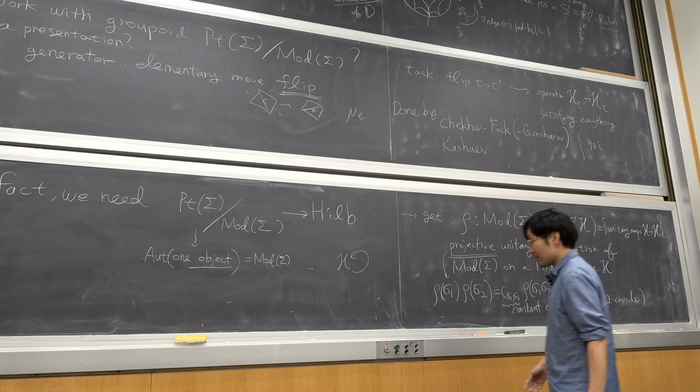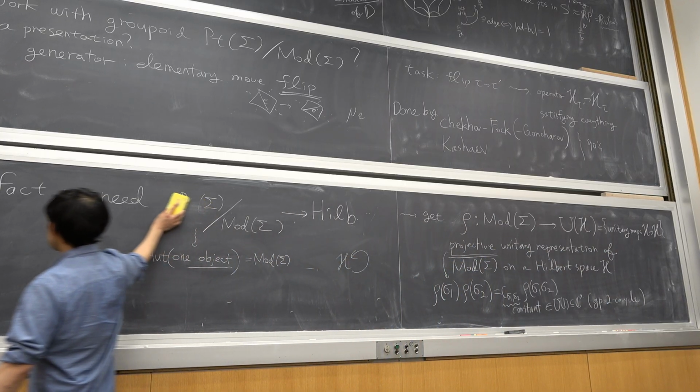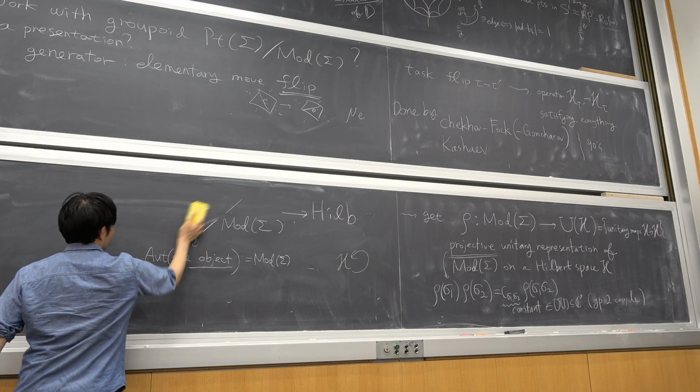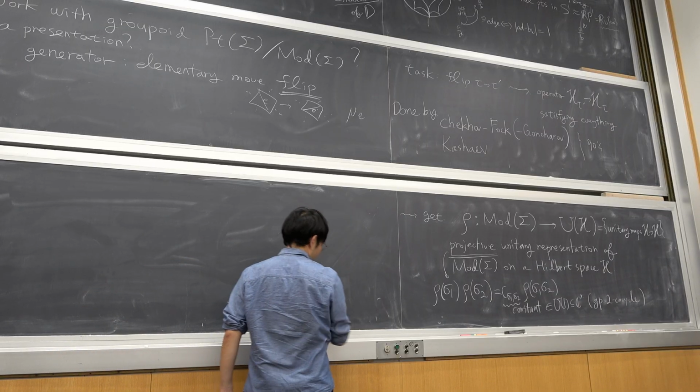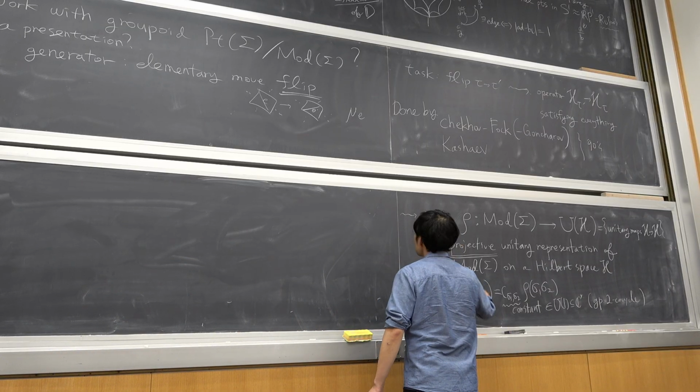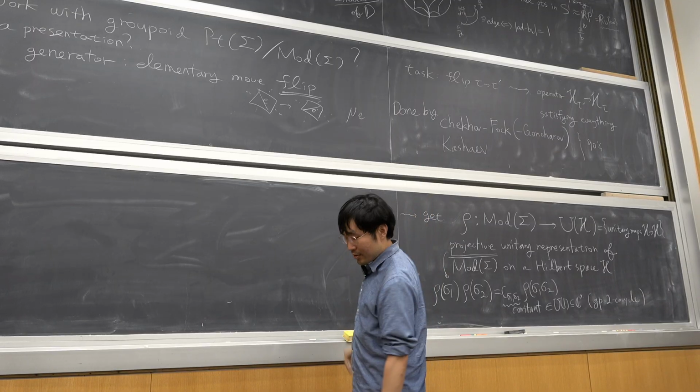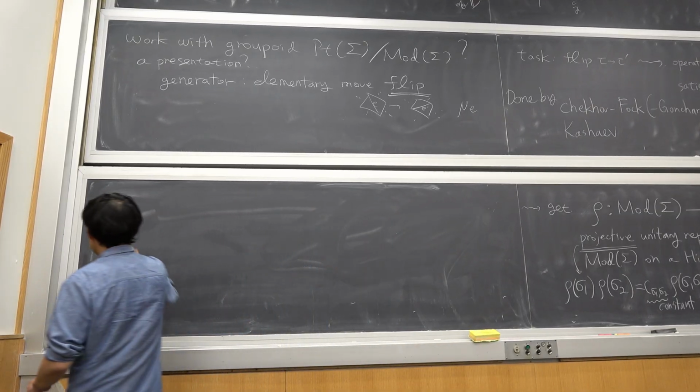So that's what I think is first considered by Penner. Penner's model is that let's consider tessellations that differ from the standard one by finitely many flips.